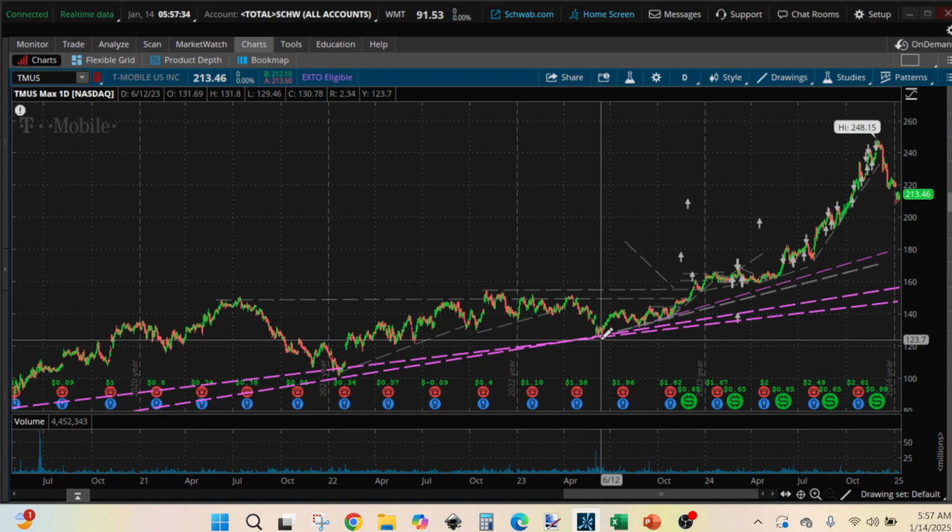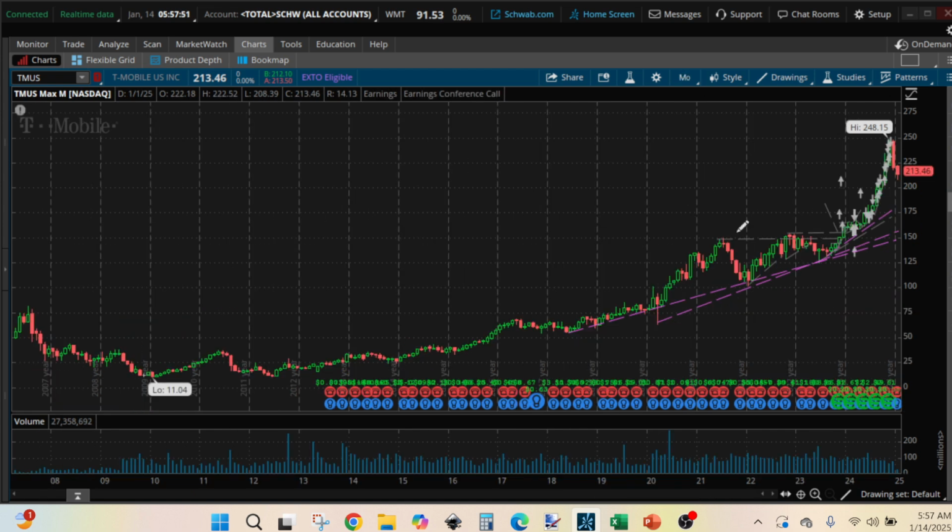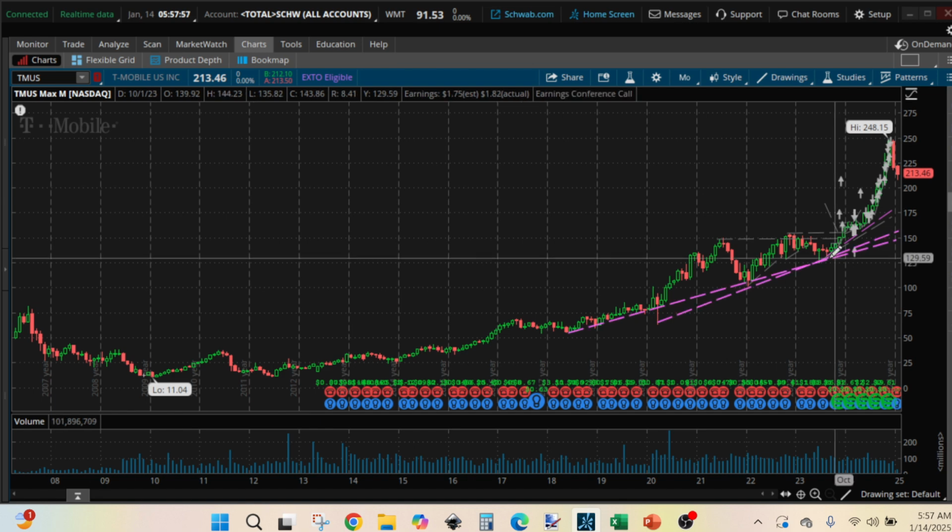If I go to maximum chart, so this one, it touched base multiple times, and this one it touched base 3 times. So this is the lowest one. If you go back, maximum daily chart, the lowest one has multiple touch base points. I would say that will be where I will want to wait.